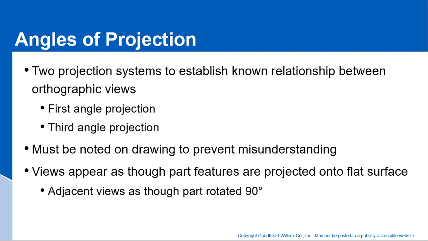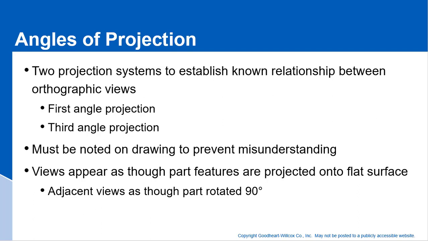So let's talk about angles of projection, because this is a pretty important point. There are two projection systems to establish the known relationships. I'm talking about creating those orthographic views on a mechanical drawing. There's first angle projection and there's third angle projection, and really it's just how the views are arranged. You've got to know which projection is being used.